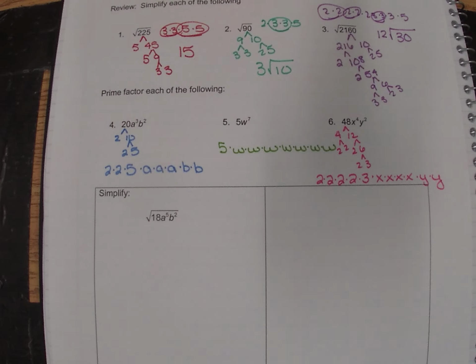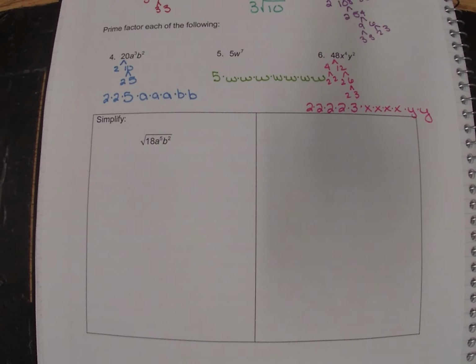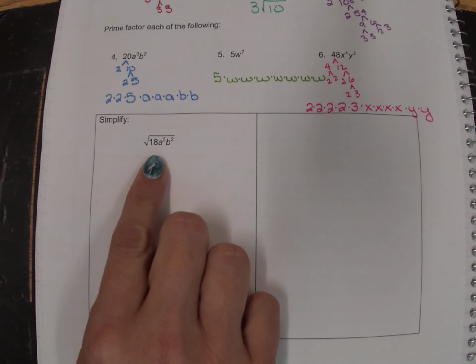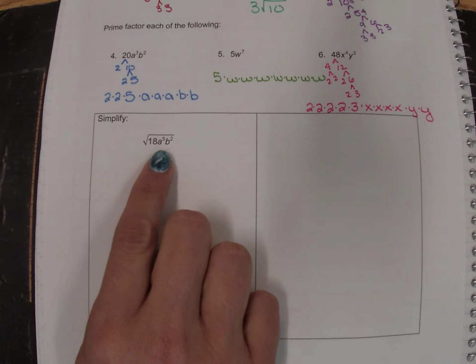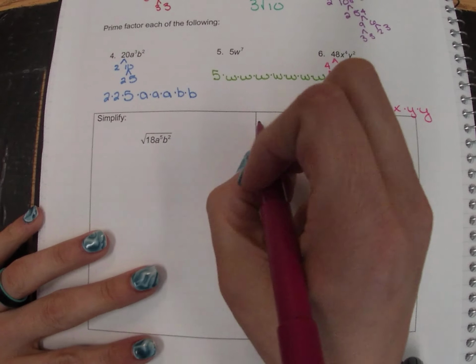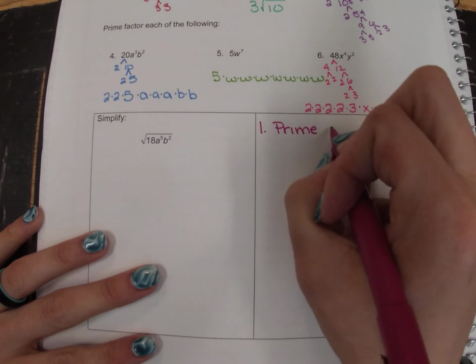The reason why I wanted to review that is because if we can prime factor and a variable is included, our steps are generally going to be exactly the same as what we saw before. So when we want to simplify something underneath the square root that now includes variables, we are still going to start with that exact same step. Our first step is still going to be to prime factor.